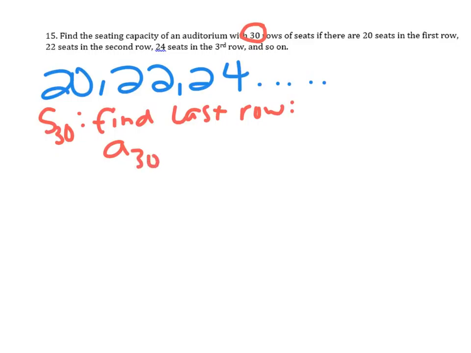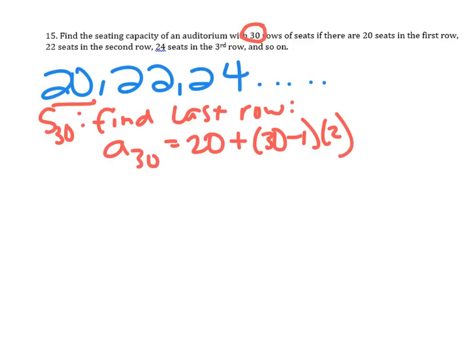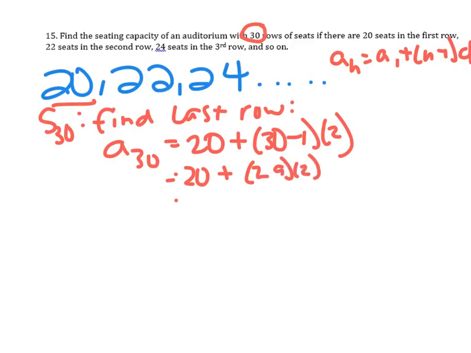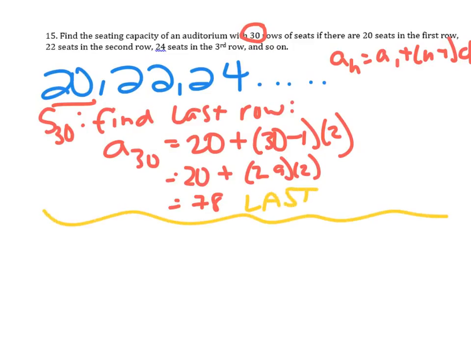My 30th row is my first row plus my n minus 1 times my difference. Remember, it's a sub n equals a sub 1 plus n minus 1 times d. So 20 plus 29 times 2 ends up giving me 78. So my last row has 78.